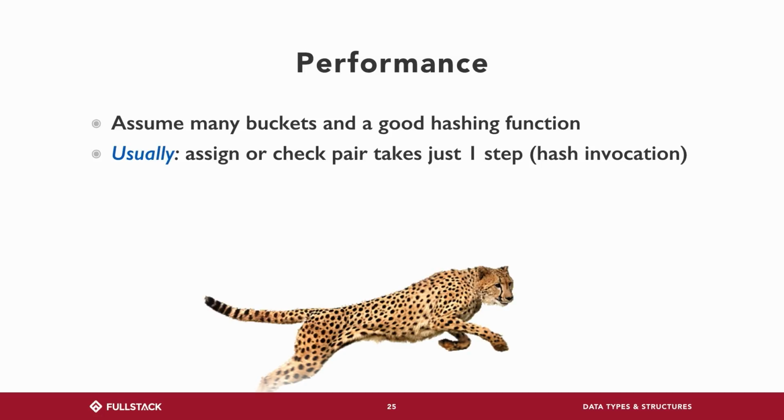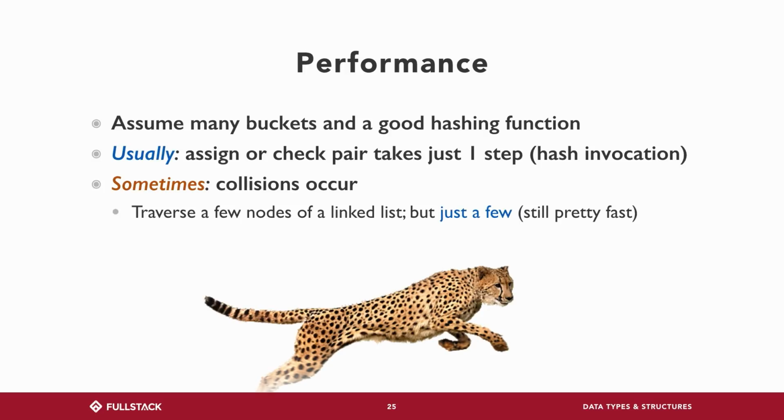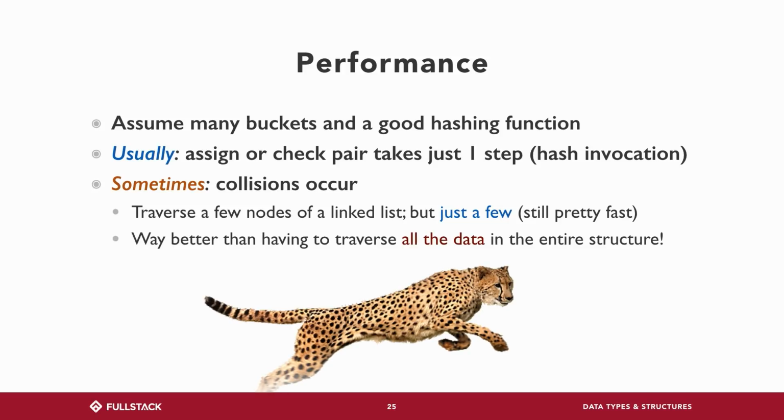Usually, assigning or checking a key value pair just takes one step, invoking the hash function to find the index that you need to go to. And though sometimes collisions occur, you'll only be traversing a few linked list nodes rather than all the data that you've stored.